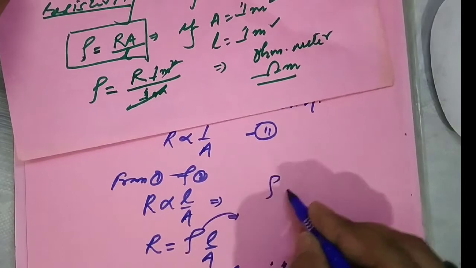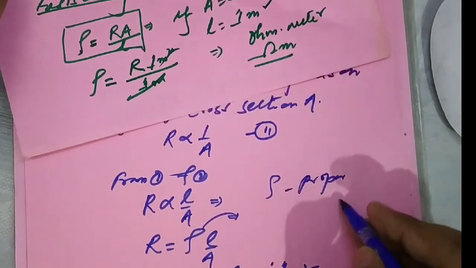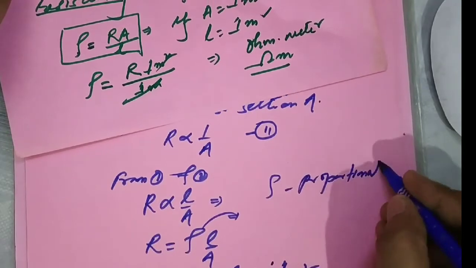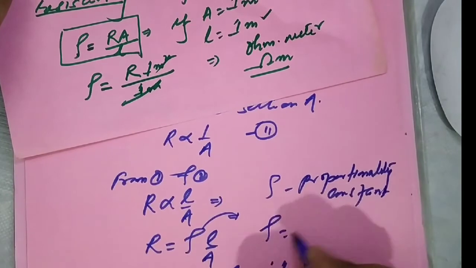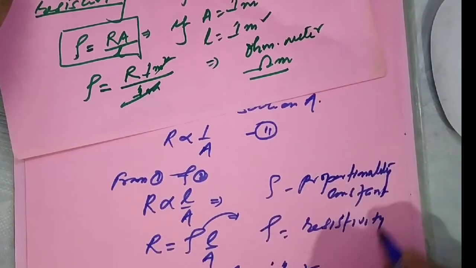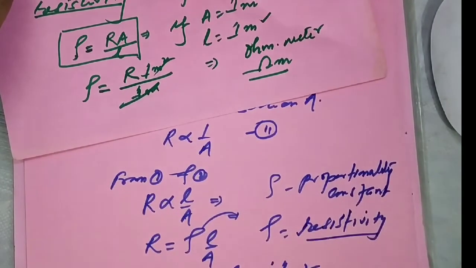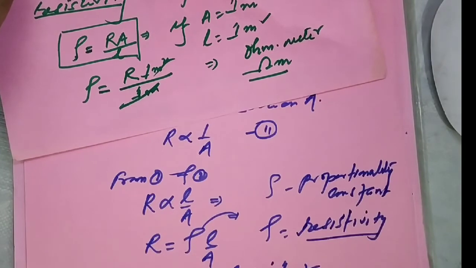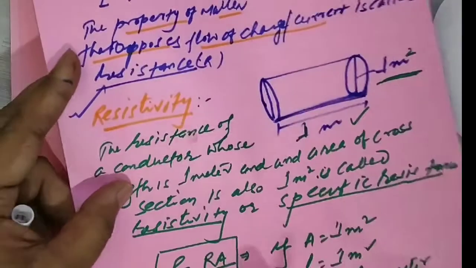Here rho is the proportionality constant, called resistivity or specific resistance. So by using this formula we can derive the resistivity.